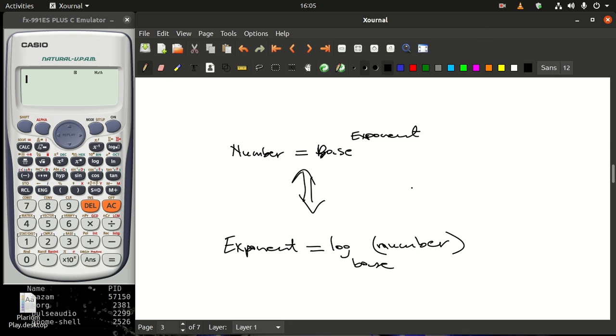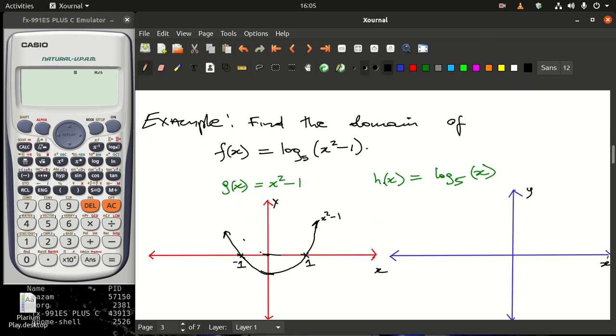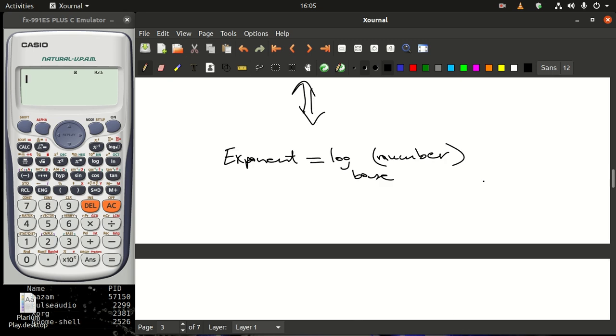So now let's come back here and look at h of x is equal to log base 5 of x. So instead of h of x, I want us to just write y instead, so that it is going to be easy for us to do the conversion here.